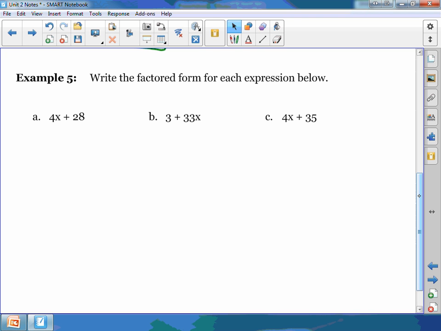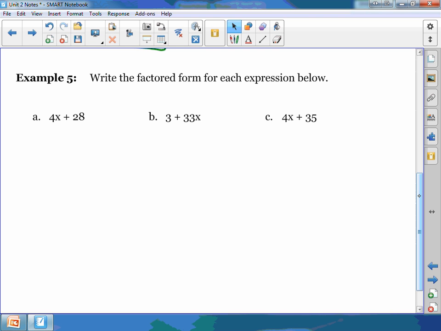Okay, plus 3 times 33x, does that give you 33x? No, so change that second term, okay? That one is not, because a common factor there is not x, there's not even an x on there. This place is reserved for a common factor, so see if there's any other common factor on there.